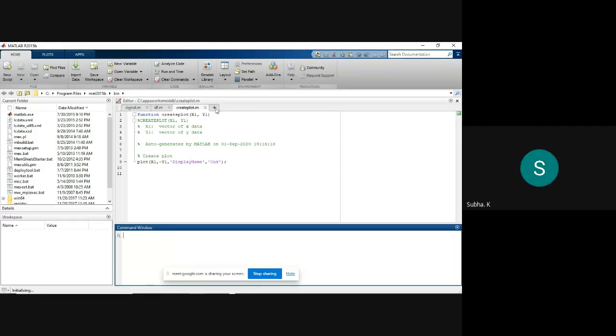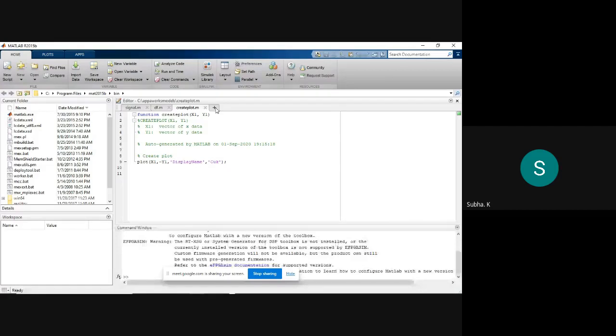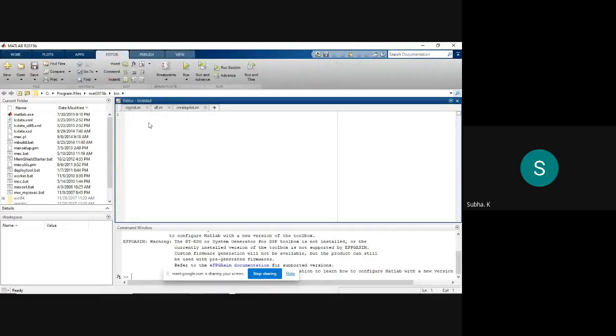The transfer function you get by reducing the block diagram. Then you have to type the syntax. It's a 3-point syntax only, very easy. Okay, now I'm typing.